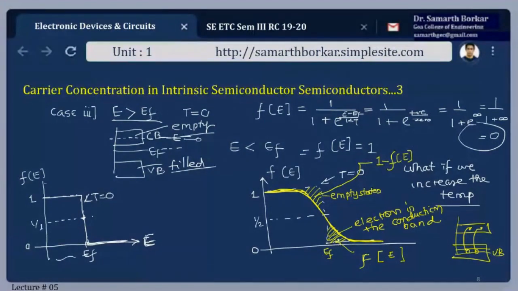If this is 0.3, 30%, this will be 70%. It's 1 minus f of E. Fine. So how many empty states are there? We can calculate using this. I hope this is clear to you all.